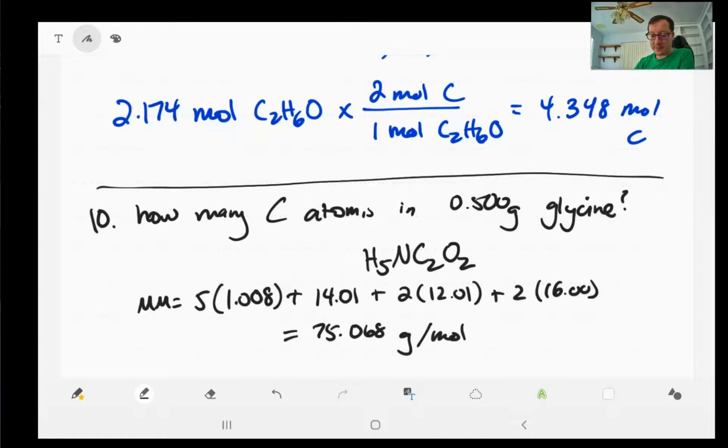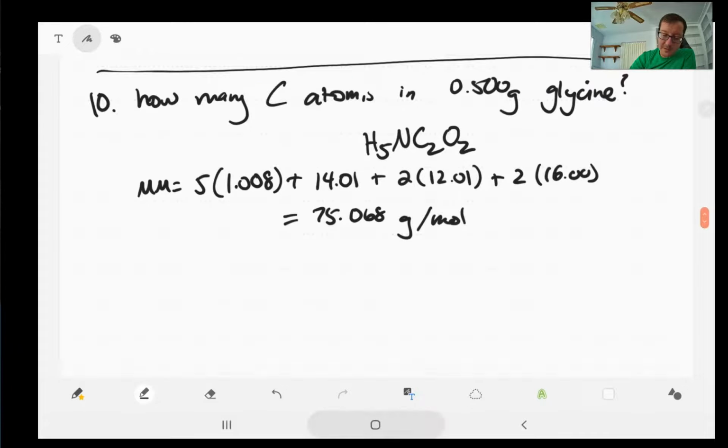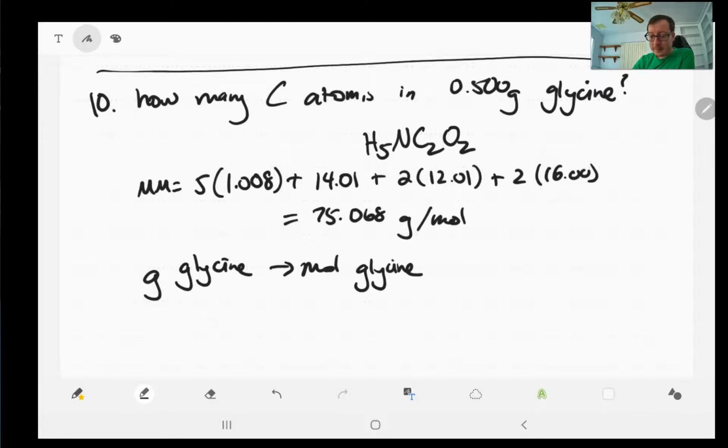So if we're going from carbon atoms and glycine, now that we're starting with grams, remember that if we want to work with anything in chemistry, we probably are going to need to convert something to moles. So if nothing else, convert something to moles, right? You can always go from grams to moles once you know the molar mass.